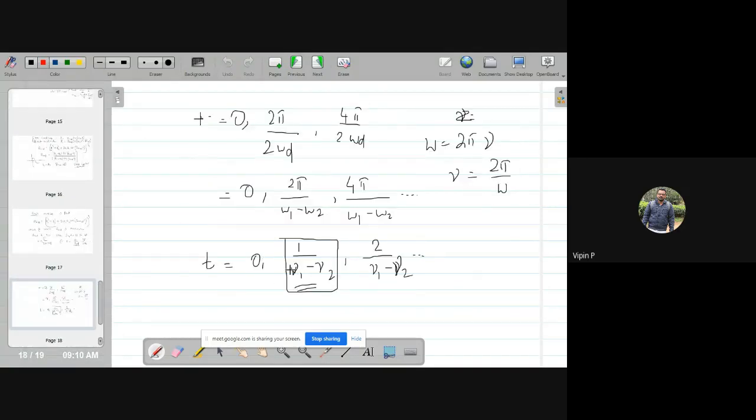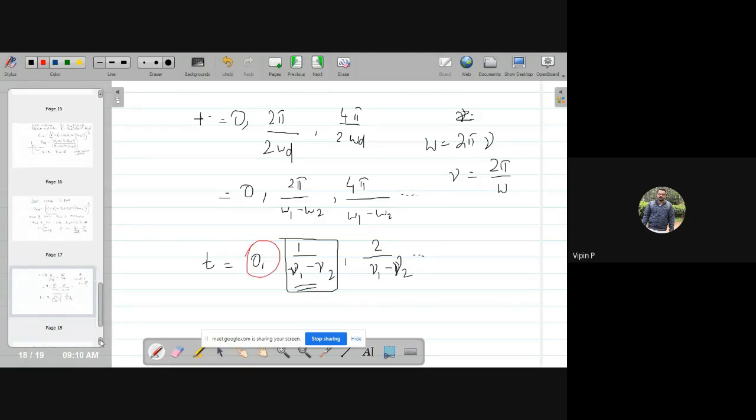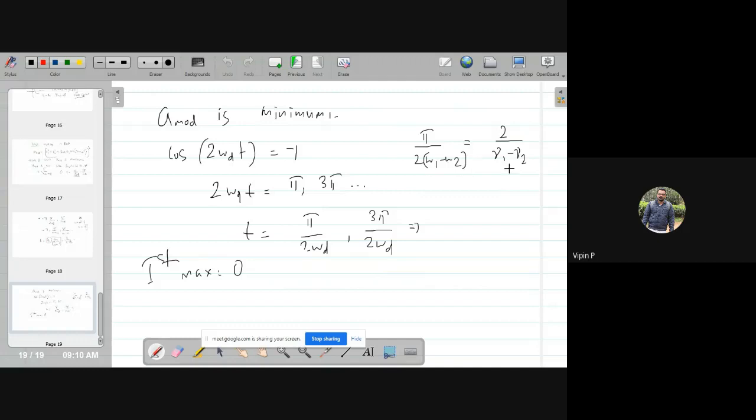And the first minimum will occur at this time, pi by 2 omega d, which can be written as pi by 2 into omega 1 minus omega 2, which is nothing but 1 by nu 1 minus nu 2.